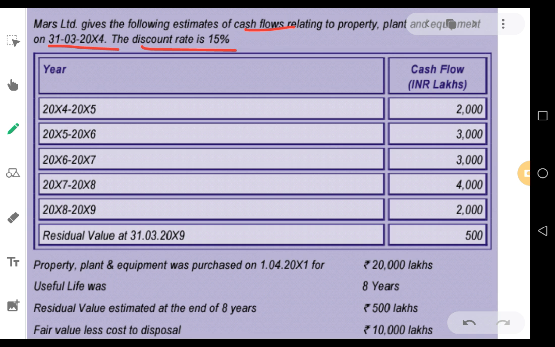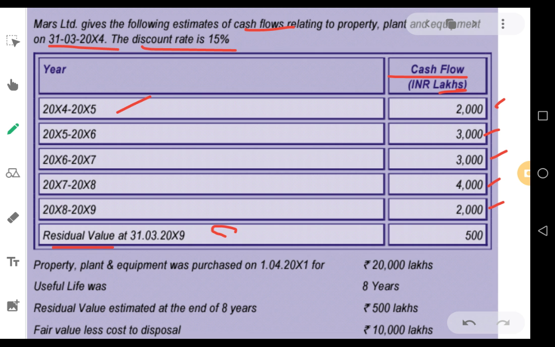Now, the cash flows are given for 2014-15, it is 2000, and all the amounts are given in lakhs. You should note that. 2014-15, 2000 lakhs, 15-16, 3000 lakhs, 16-17, 3000 lakhs, 17-18, 4000 lakhs, 18-19, 2000 lakhs, and residual value at 31st March 2019.